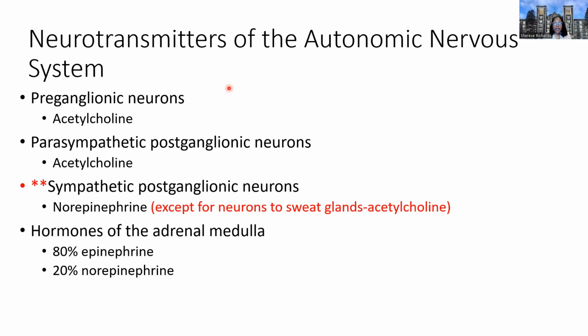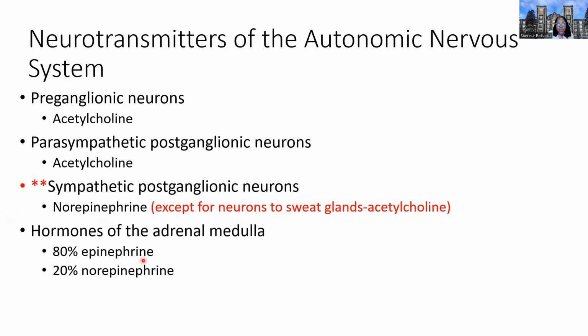On the sympathetic side, the postganglionic neurons, except for sweat glands, are going to release norepinephrine. So for the postganglionic neurons specific to the sympathetic division, they will release norepinephrine, excepting the postganglionic neurons going to sweat glands. They will also release acetylcholine.